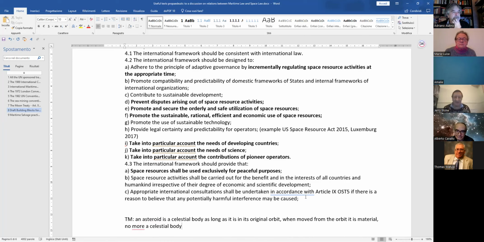There's also the situation of what you consider a celestial object, because meteors that fall to Earth were originally out in space, and yet once they hit the Earth, they can be owned by whoever finds them. That's because they're no longer celestial objects. Indeed, they become part of the Earth when they hit the Earth. And that was part of the definition that people understood of celestial bodies at the time in the 60s.